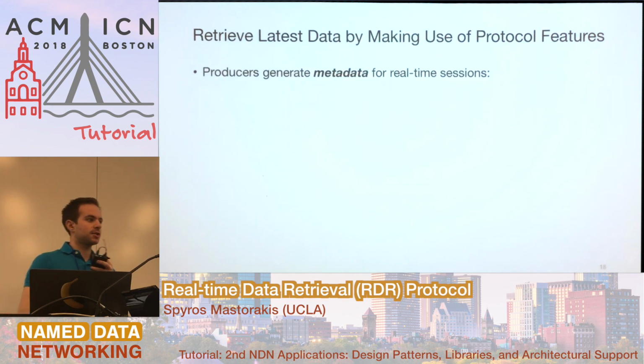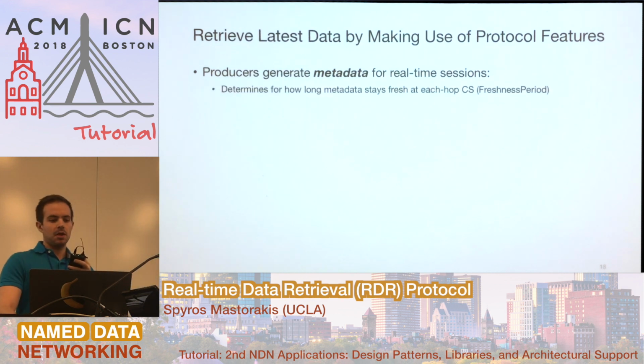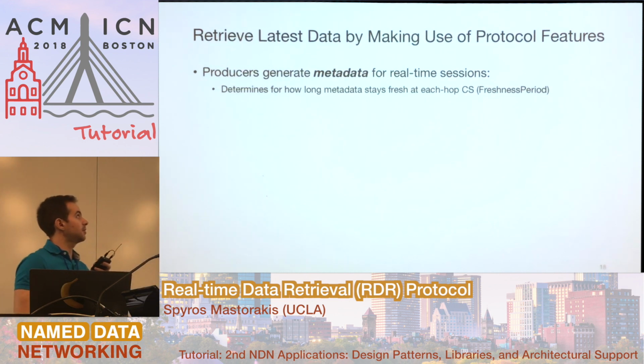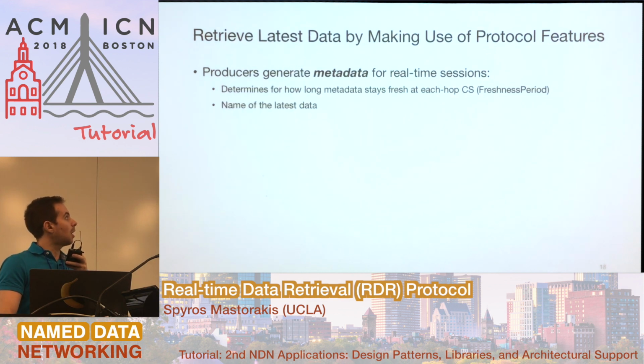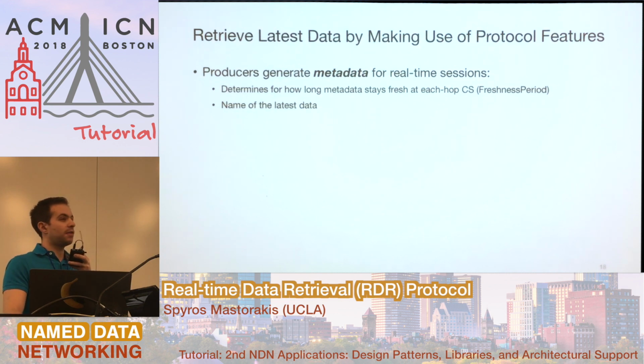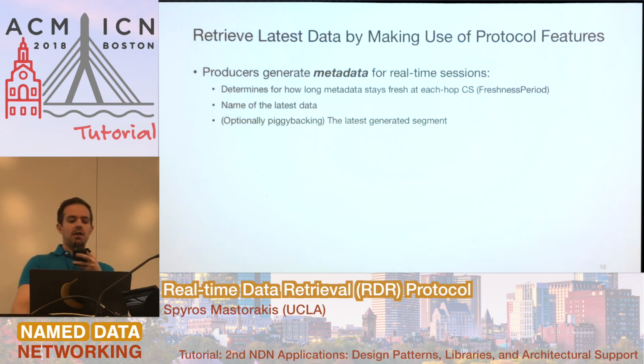So we have the producers that generate metadata for real-time sessions. This metadata determines for how long it can stay fresh in the content store, through the freshness period in the data packet. This metadata carries the name of the latest data, as well as optionally the latest generated segment itself.